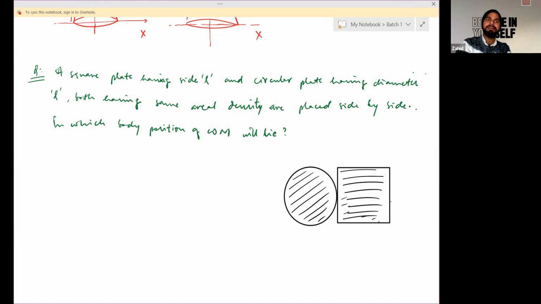Khalid, any guess? Sorry, sir. What was the question again? In which body will the center of mass lie? It will be in the circle or the square.